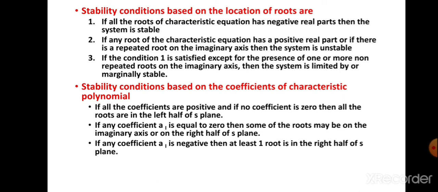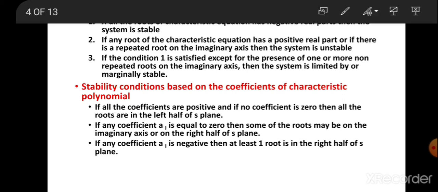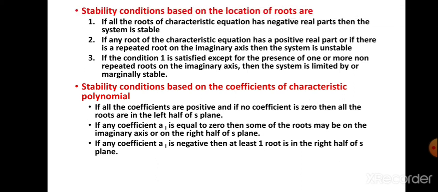The third condition is that if condition 1 is satisfied except for the presence of one or more repeated roots on the imaginary axis, then the system is limitedly stable or marginally stable. That means the roots of the characteristic equation have negative real parts, but some of the roots are repeated roots on the imaginary axis, and then the system is said to be limitedly or marginally stable.